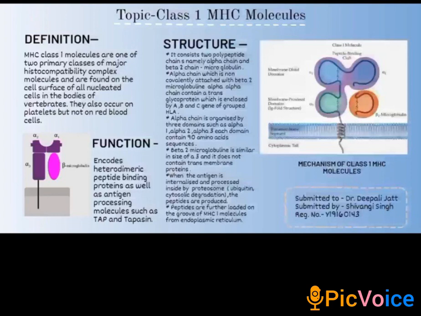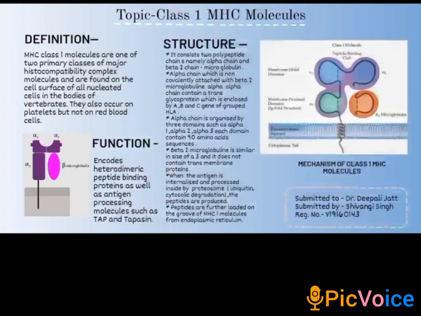MHC, which stands for Major Histocompatibility Complex, is a membrane attached protein which works on recognition of antigen between self and non-self body and antigen presentation. Major histocompatibility complex encodes proteins which are expressed on the cell surface.